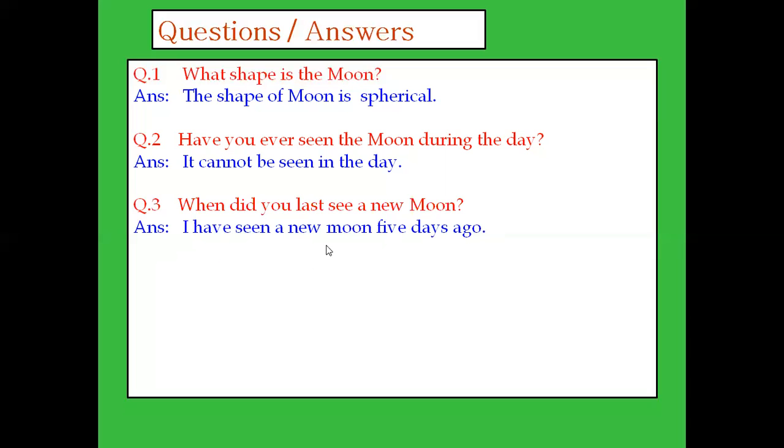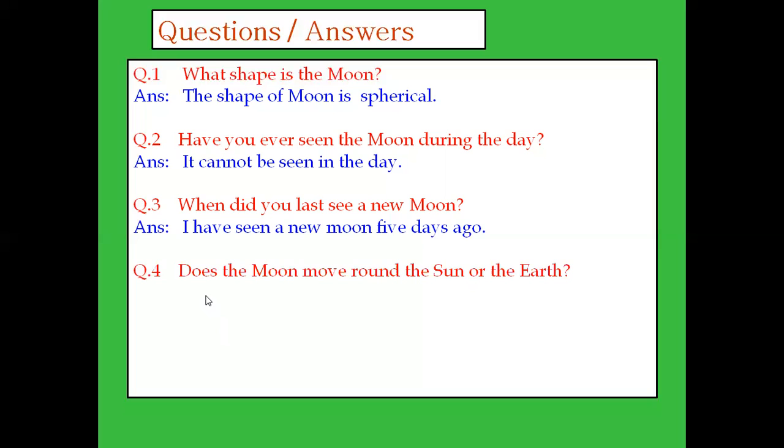I have seen a new moon 5 days ago. Okay, students, you can write this answer in your own words. If you have seen it yesterday, 2 days before, 3 days, 1 week, 2 weeks, you can write in your own words. Also, you can write this answer. I have seen a new moon 5 days ago.